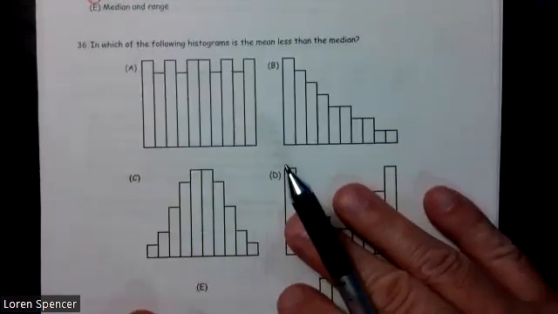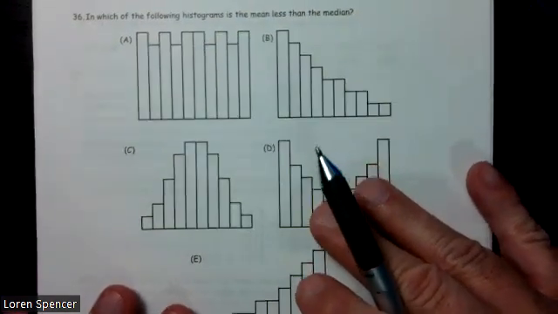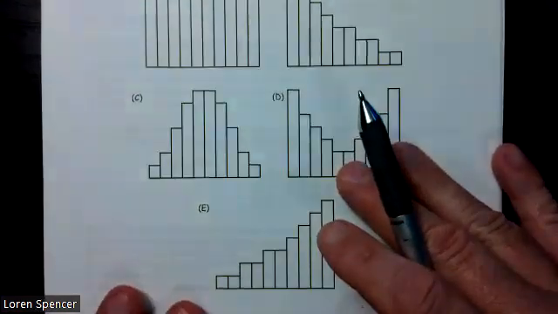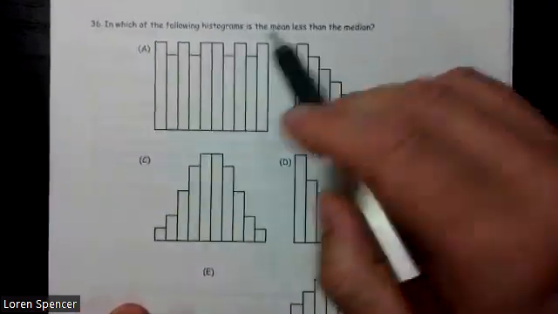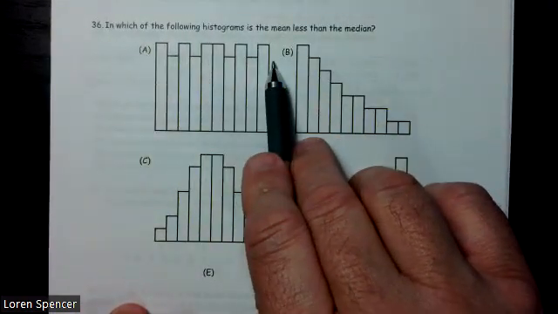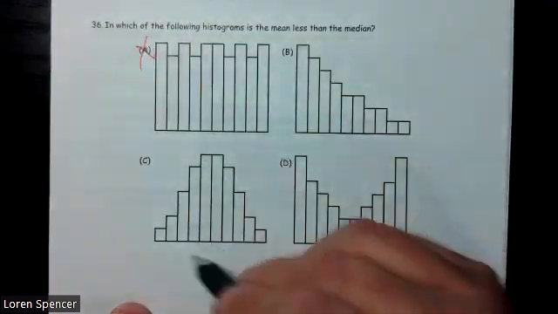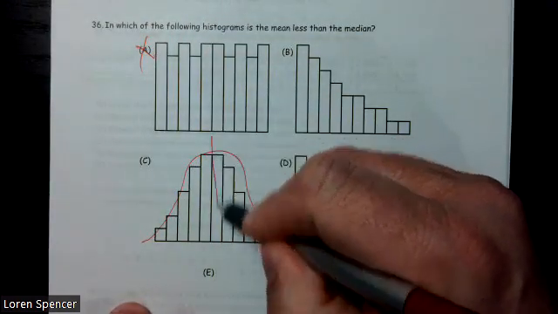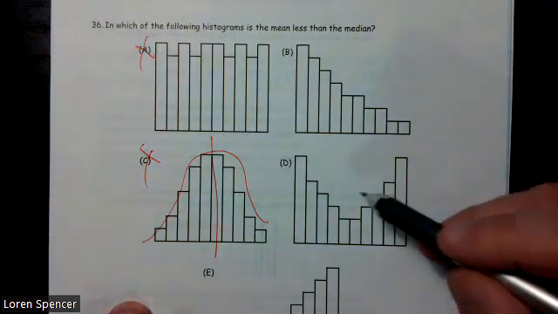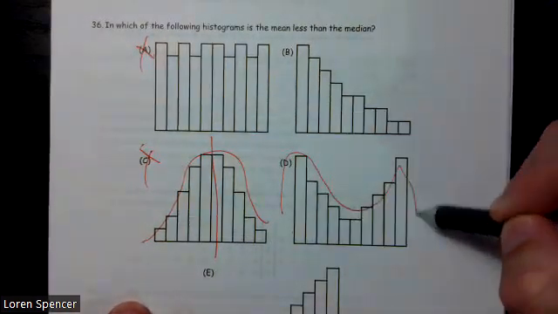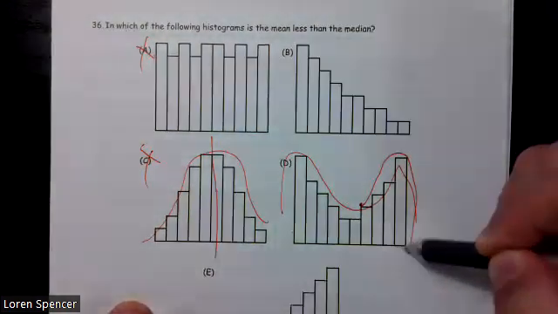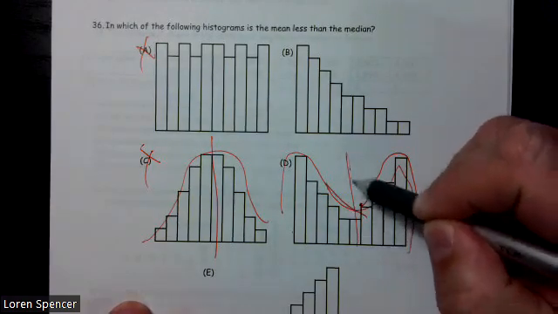All right. And which of the following is the mean less than the median? So when I look at this one, the mean and median should be pretty equal in the center.